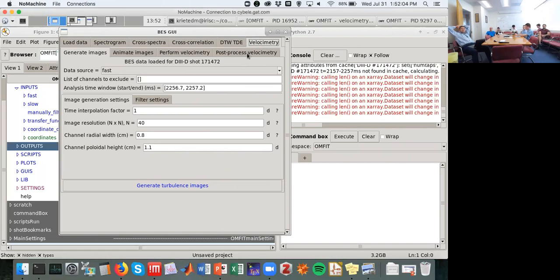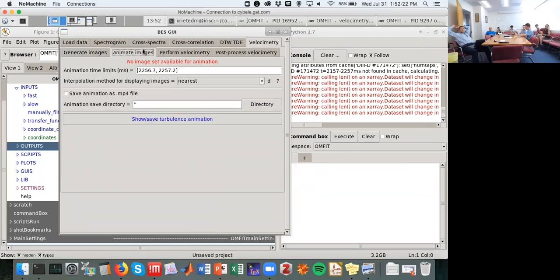So basically this has a set of workflows in and of itself. We're under the velocimetry tab, and you see a bunch of other tabs pop up. The first step in the workflow, and most of the work goes into this one, is generating a set of turbulence images from the raw BES data. I'll just give you an overview real quick. After you have a set of generated images, you can display them. That's how you can make nice little movies or animations of the turbulence images that we like to show at talks.